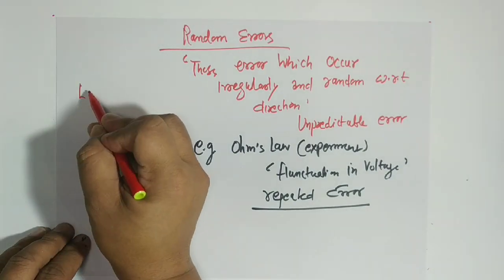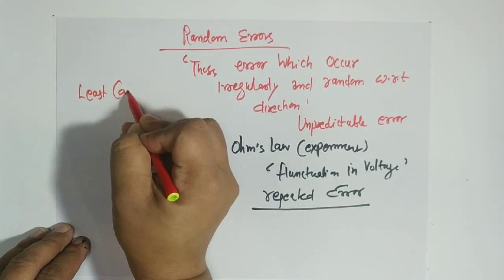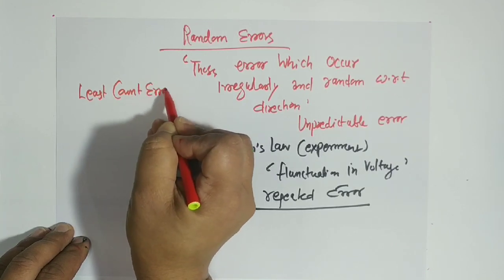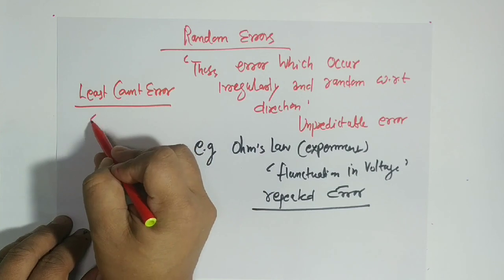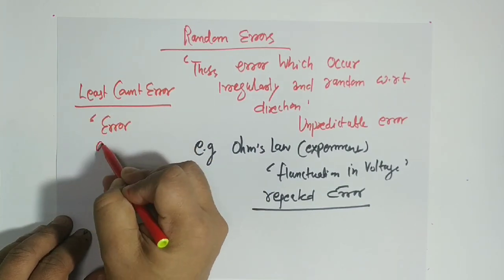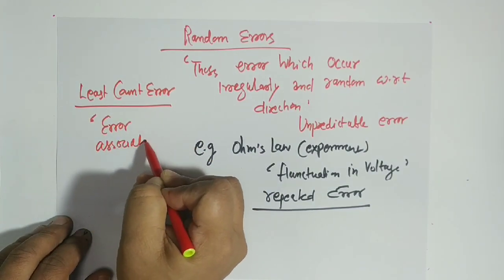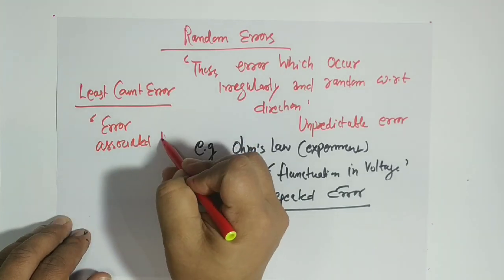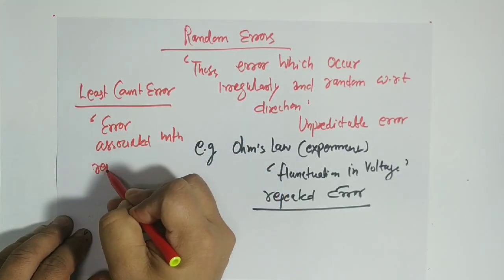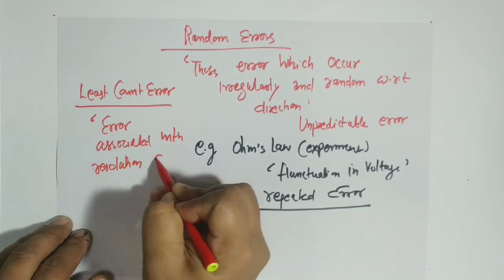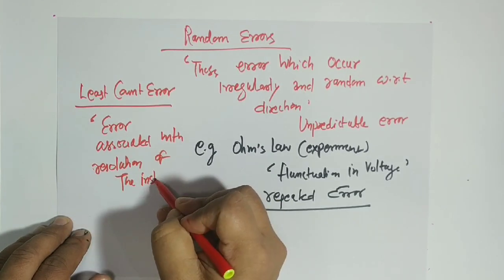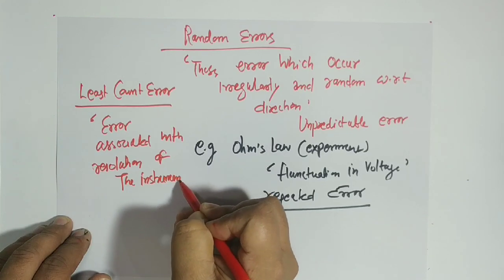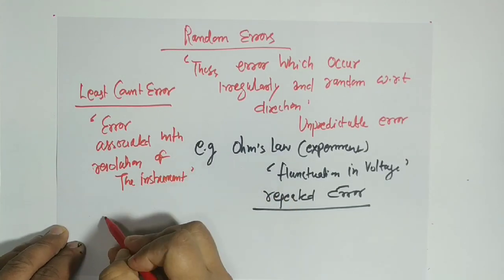Now one is least count error. If I ask you what is least count, it is related with the limit of resolution. That is the error associated with the resolution of the instrument. Okay, if you have a highly resolved instrument, then you will take that device in comparison to the other.